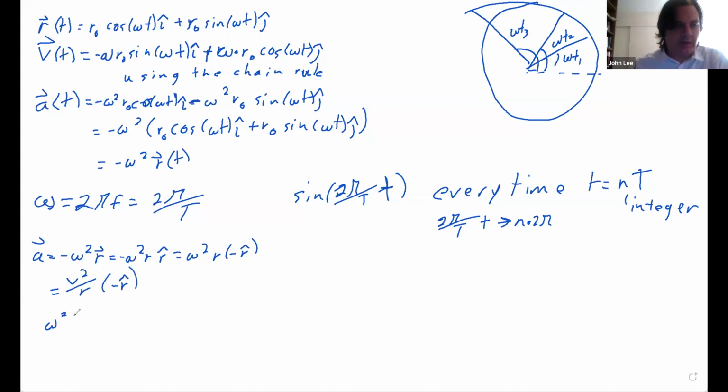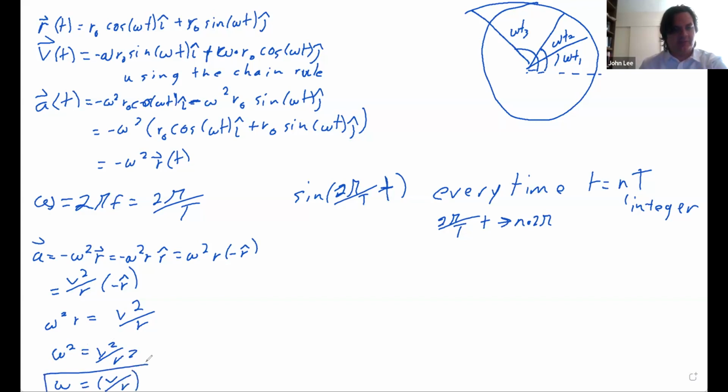So omega squared R equals V squared over R. Therefore, omega squared equals V squared over R squared, or omega is equal to V over R, which is our physical consequence of using this equation.